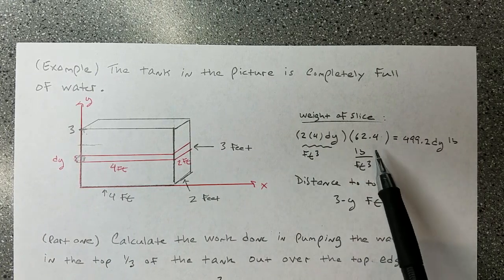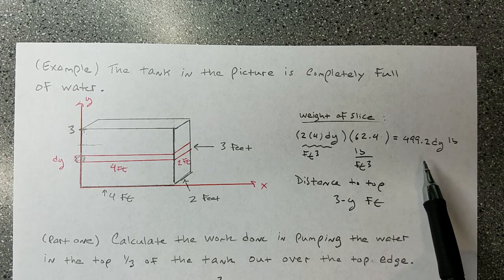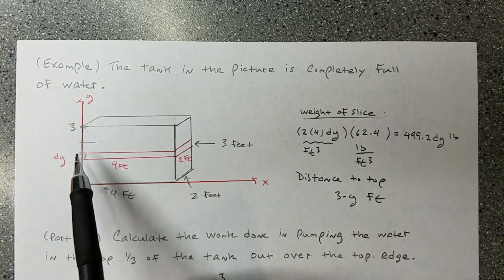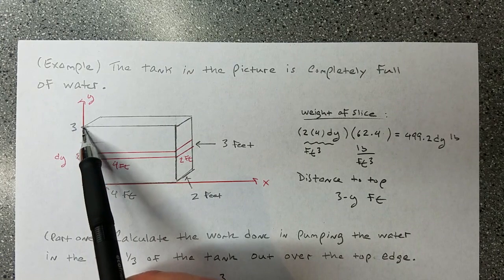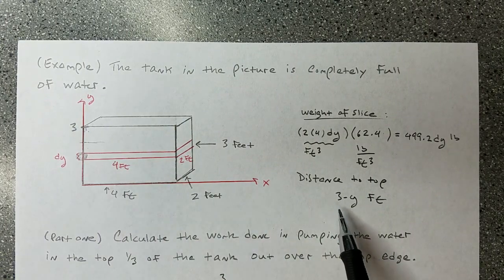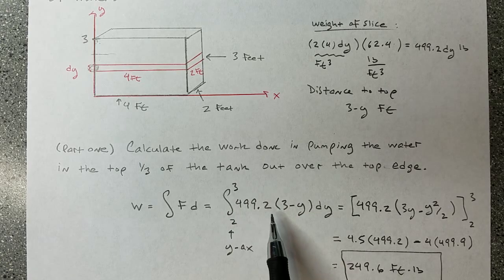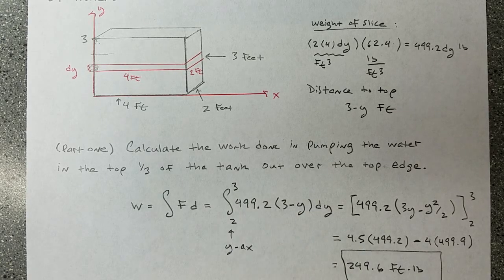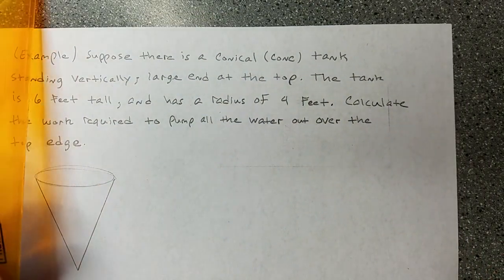We take that volume times the density of water, given that water weighs 62.4 pounds per cubic foot. And then we calculate the distance to the top of that slice, which will be the top minus y. All right, so we're still going to put that in the integral and have the bounds and so on. But that this is a cone will make it a little harder. So let's do it like this.